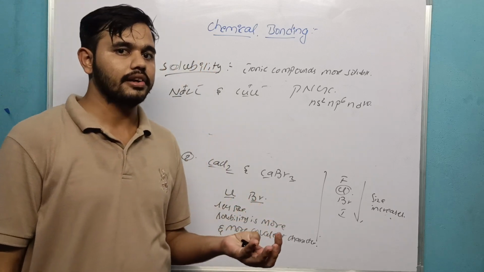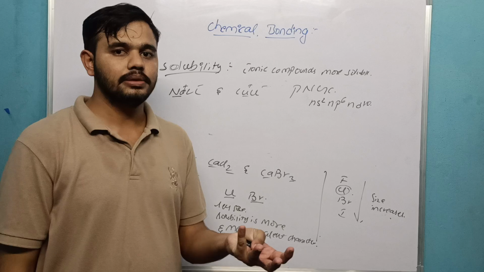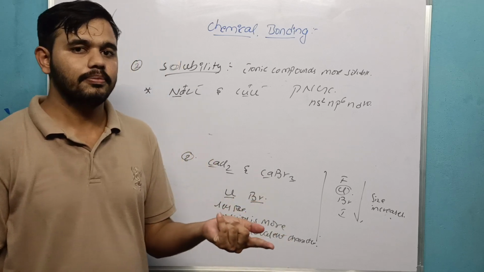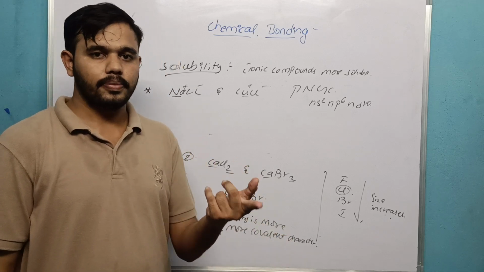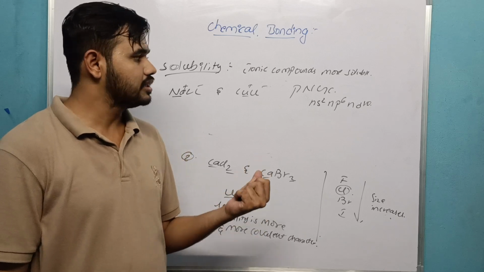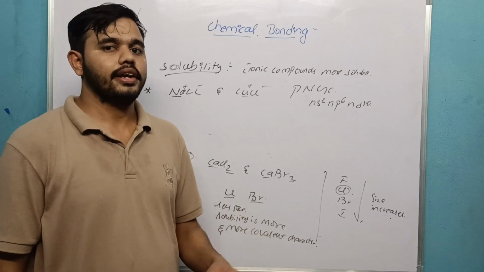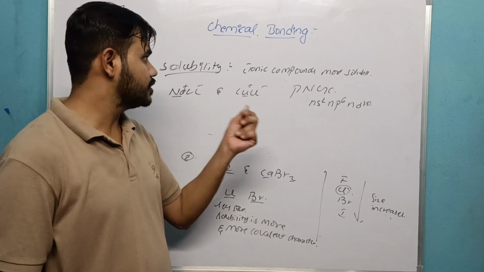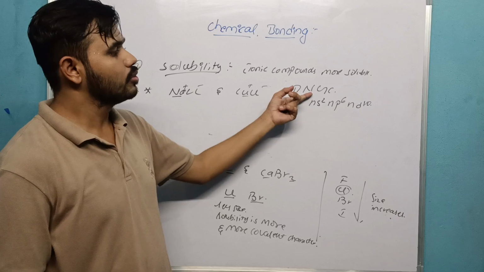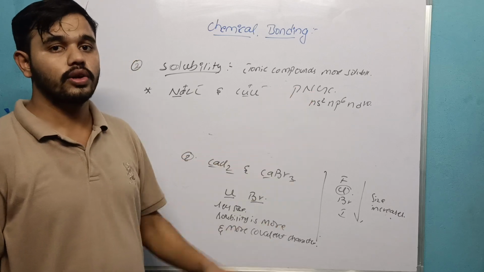Cations like Cu plus, Ag plus, Au plus, Zn plus, Cd plus, and Hg plus will have more covalent character. The cations which show pseudo noble gas configuration will have more covalent character.